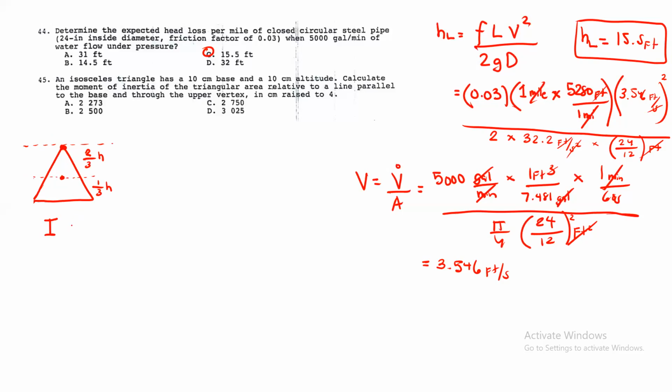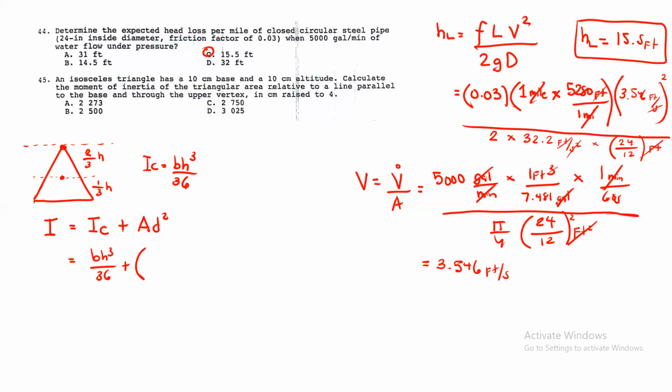So, parallel axis theorem, para makuha natin inertia with respect to the line parallel to the base through the upper vertex, it is equal to IC. So, ang IC natin yan yung inertia ng triangle, plus AD squared. So, guys, ang inertia ng triangle, recall lang natin, BH cube over 36, plus area.